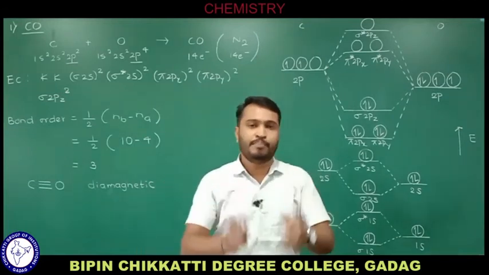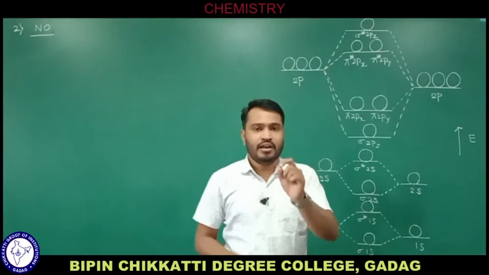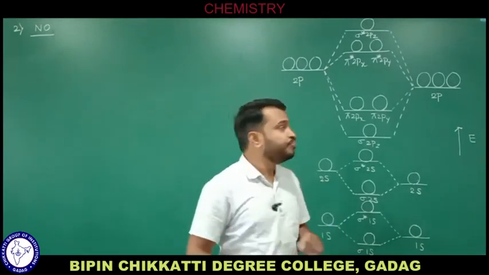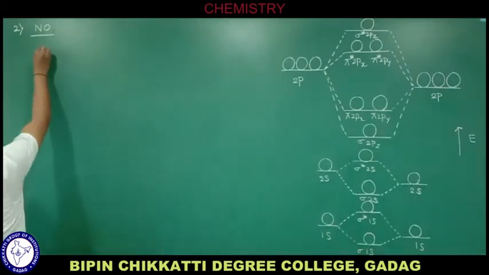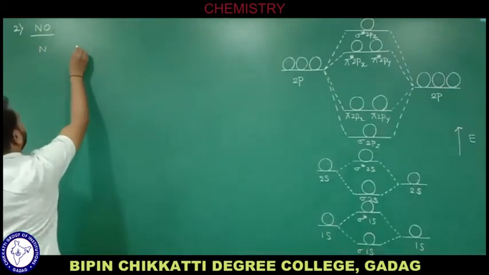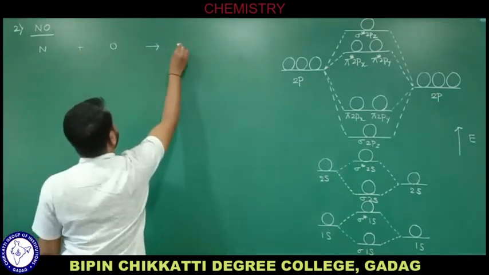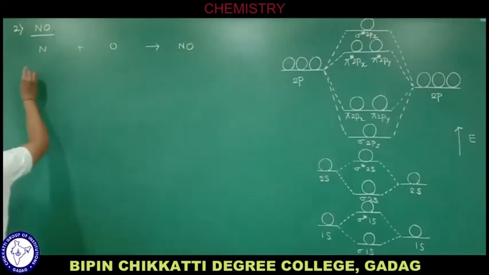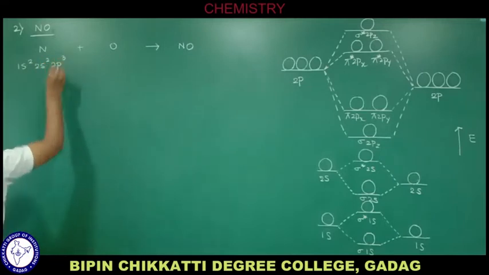That is the first example, carbon monoxide. Second example, nitrogen monoxide or nitric oxide, NO. We have two different atoms, one is nitrogen and one more is oxygen, and these combine to give the molecule nitrogen monoxide. Nitrogen atomic number is 7, therefore electronic configuration is 1s2, 2s2, 2p3.